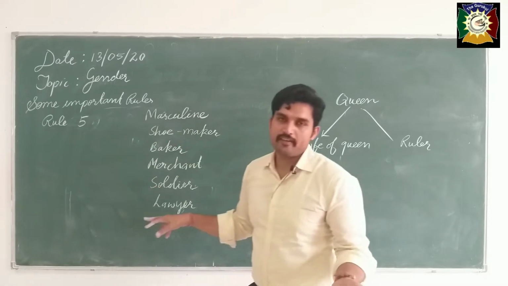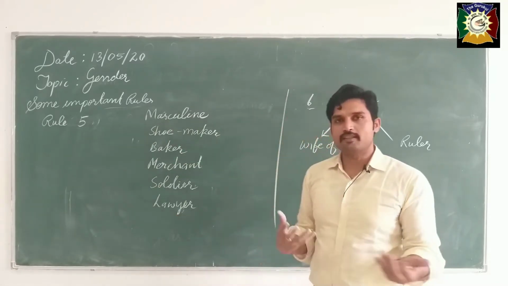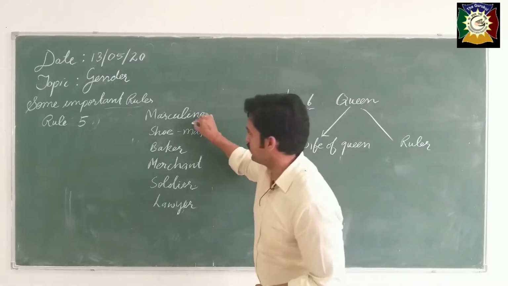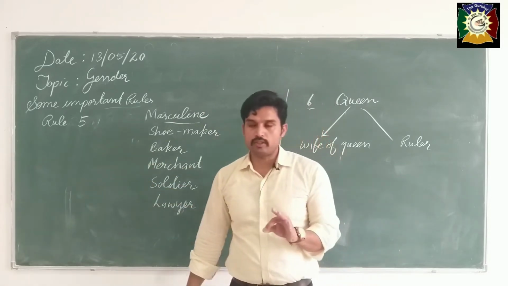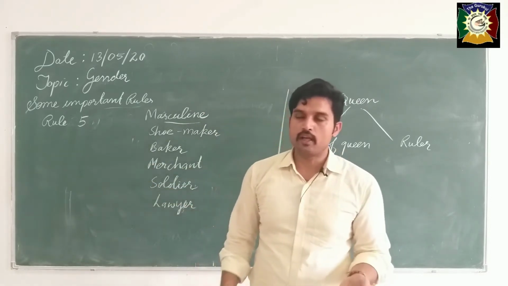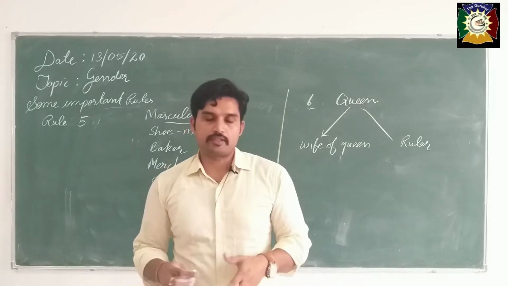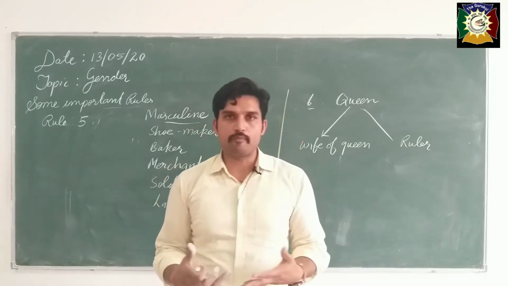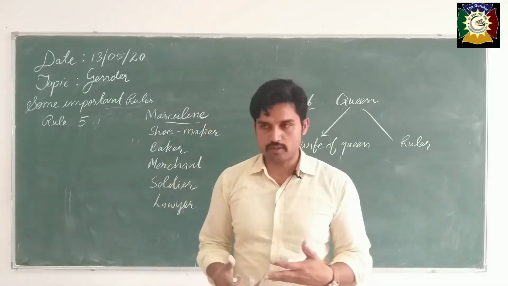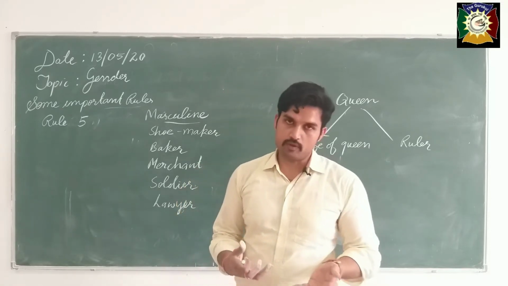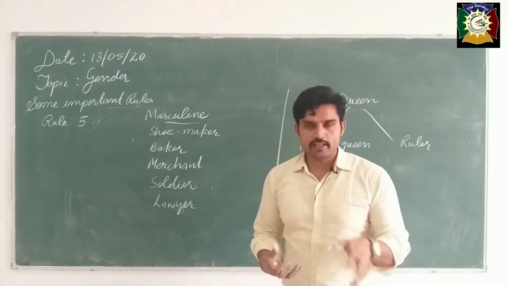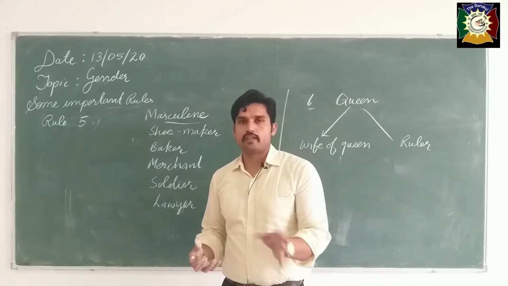Rule number 5. Now you will see some gender here. First of all, I've written masculine. Masculine means what we use for males. In fact, in our society, there have been many professions where only men have been working or have worked. So that is why we do not have their feminine sense.